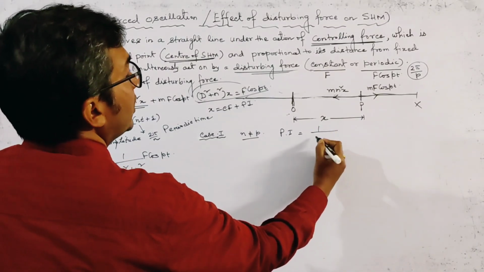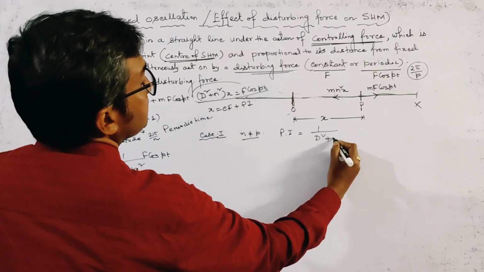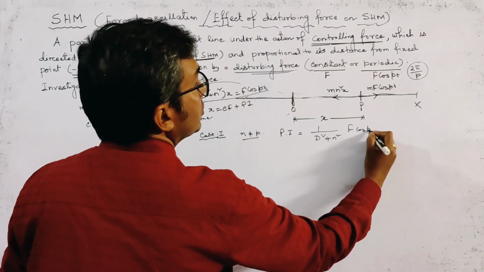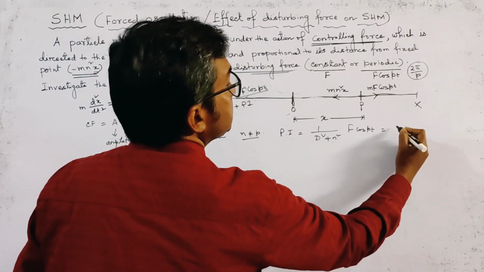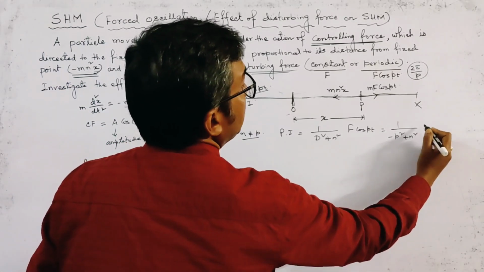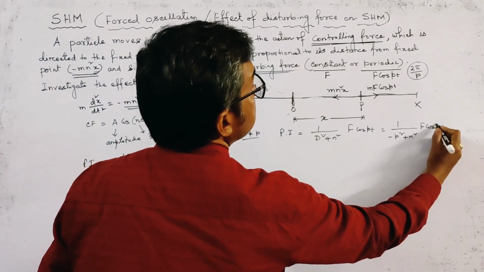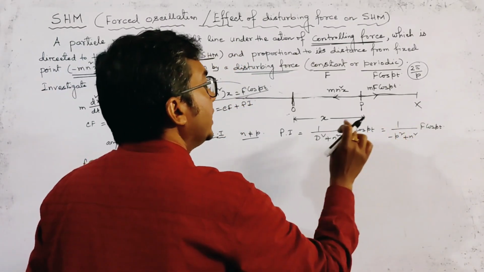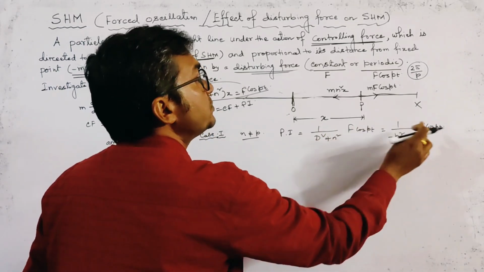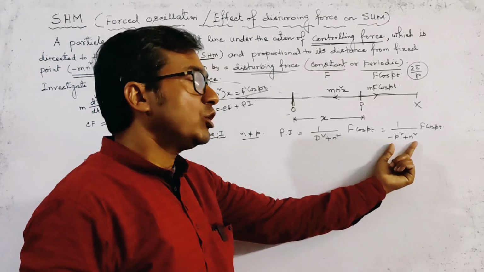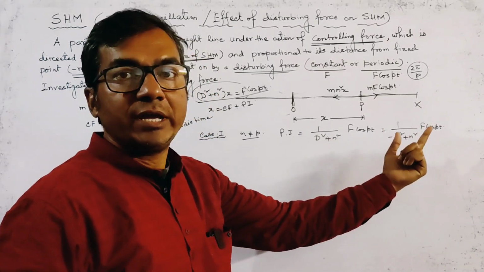This is given by 1 by (d square plus n square) into f cos pt. So this is given by 1 by (minus p square plus n square) f cos pt, because we know that if we put minus p square in place of d square, and if this term is not 0, then this is the particular integral.